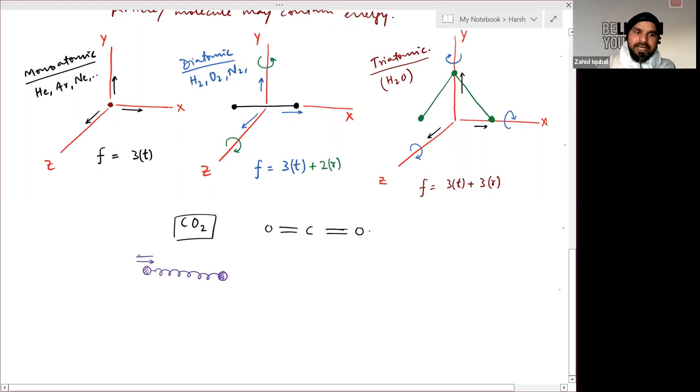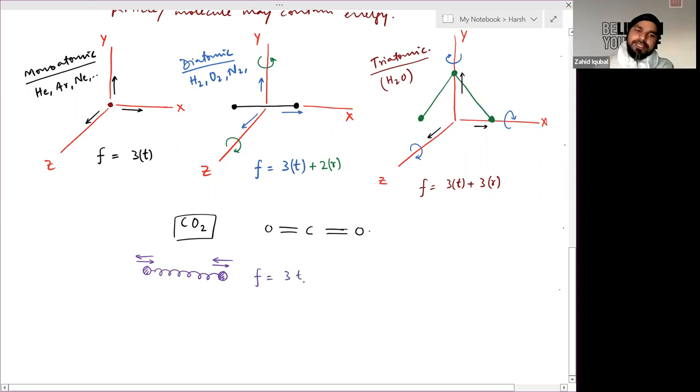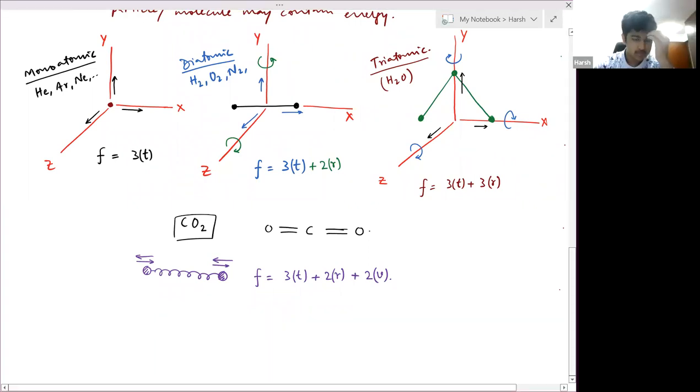Additionally, it will have some vibrational energy like this. So in this case, the total degrees of freedom will be 3 due to its translational part, 2 due to its rotational part, and also 2 due to its vibrational part. So the total degrees of freedom in this case will become 7. Is it clear? Yes, sir.